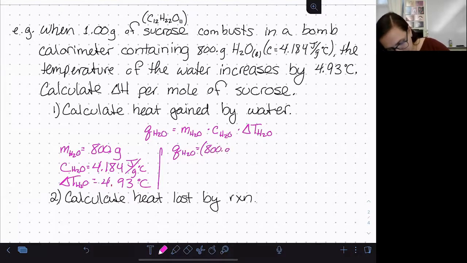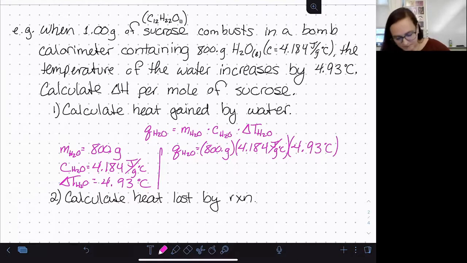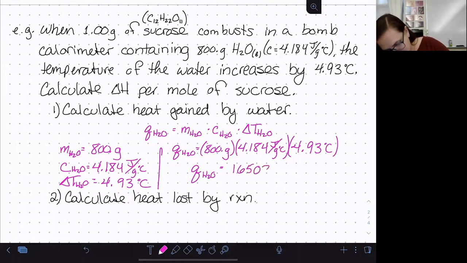We have 800 grams of water, which has a specific heat of 4.184. And that water increased in temperature by 4.93 degrees Celsius. So the amount of heat transfer that occurred was 16,502 joules of heat were transferred into the water as that 1 gram of sucrose burned.